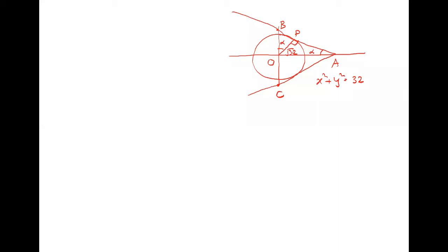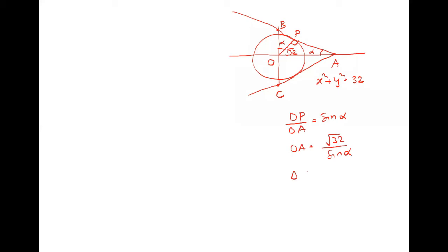So what we get? OP by OA equal to sine alpha. What is OP? Root 32. So what is OA? OA equal to root 32 by sine alpha. Any doubt? We got OA. Now take the triangle OPB.